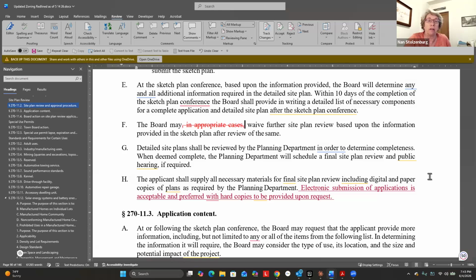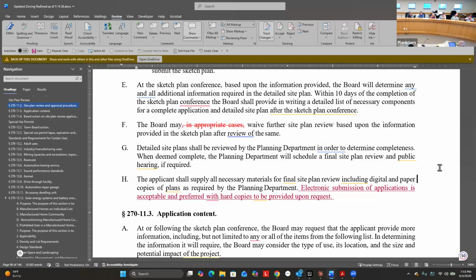That's really the authority of the planning board to do. I'm looking at this one right here: when deemed complete, the planning department will schedule a final site plan review and public hearing if required. Because we've had plenty of them that were not complete that we've looked at, and I think we've had to provide more information. I just thought more clarity.